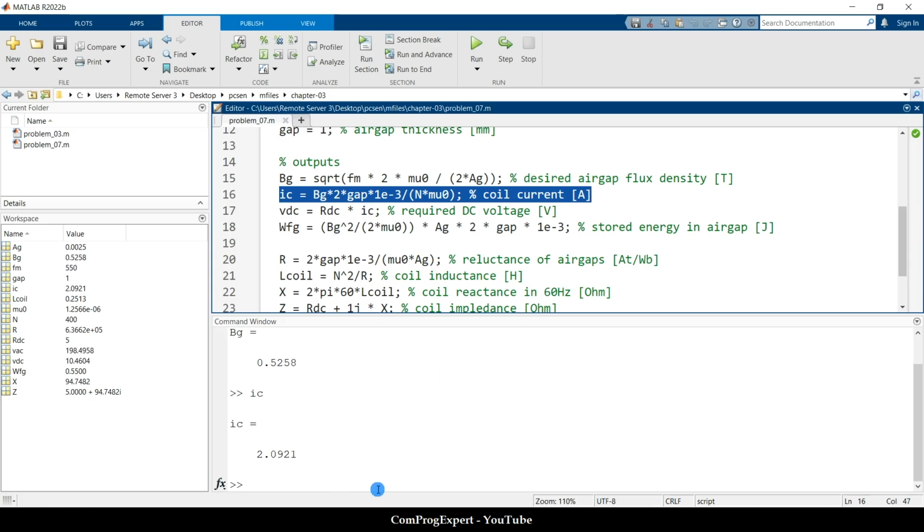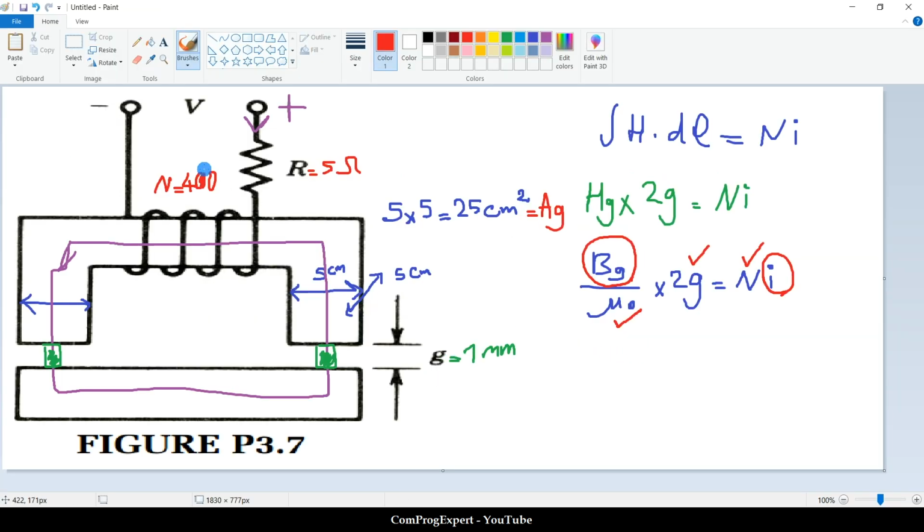And finally, we can calculate the required DC voltage, that is equal to R times I. So, why can we write this equation? Because the current is DC.